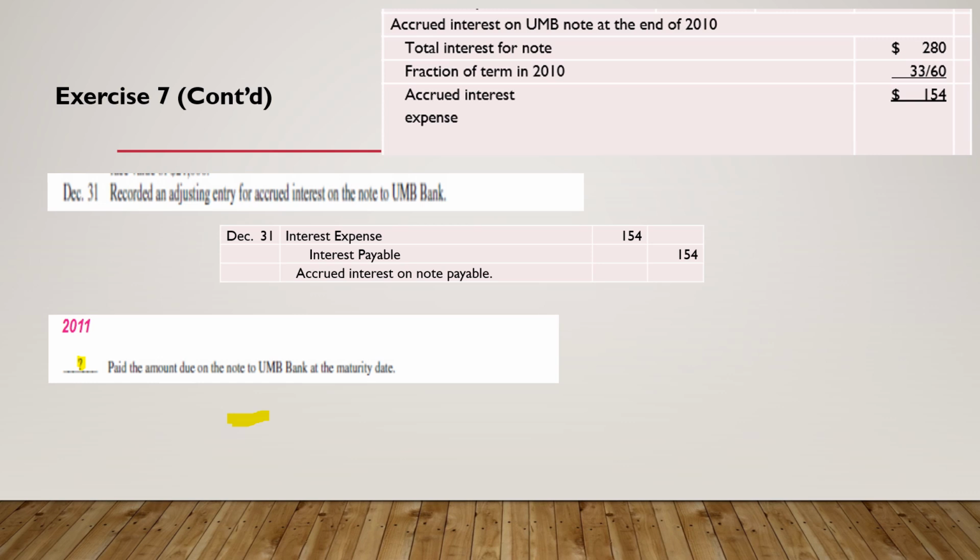However, the interest for the last 33 days in 2010 was already calculated as 154, so I just decrease the interest payable, since I already recorded the interest and I was recording my liability towards paying this interest on the maturity date. So I'm just decreasing this liability. So I debit the interest payable with 154. And I record the interest expense for the 27 days in 2011. So I debit interest expense with 126.